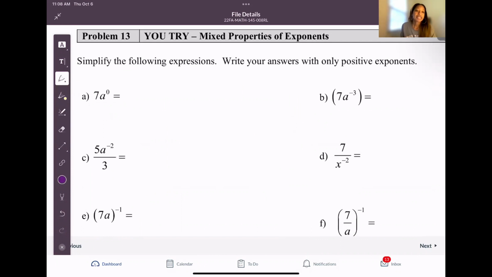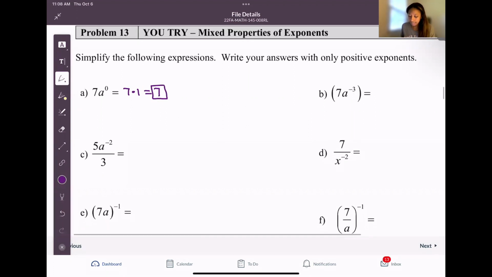The first one, 7 times a to the 0, that's 7 times 1, which is 7. The next example, 7 times a to the negative third power. With a negative exponent, we can rewrite this as 7 over a to the positive third power.